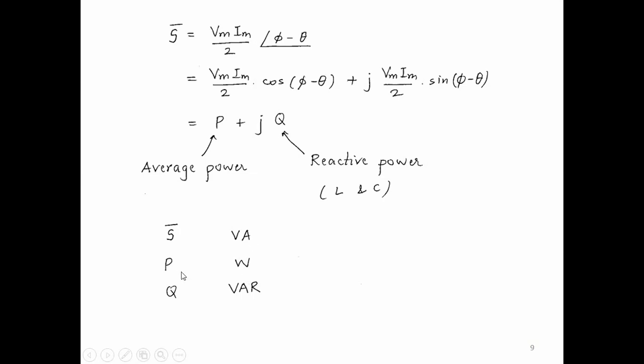The real power, of course, is in watts. The complex power is designated as volt ampere, which of course has the same units as watts, but it is called volt ampere. So if you see volt ampere, you know that one is talking about complex power, and the reactive power is called VAR, volt ampere reactive. The term VAR implies that one is talking about reactive power.